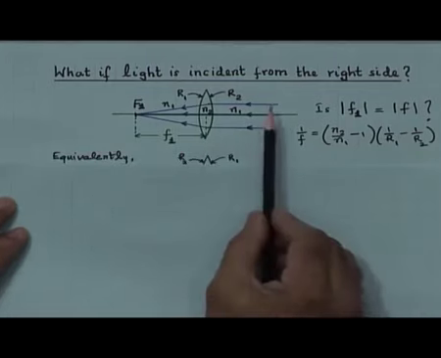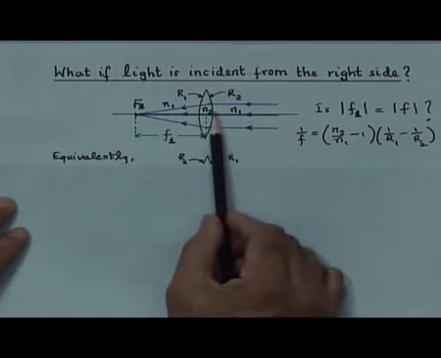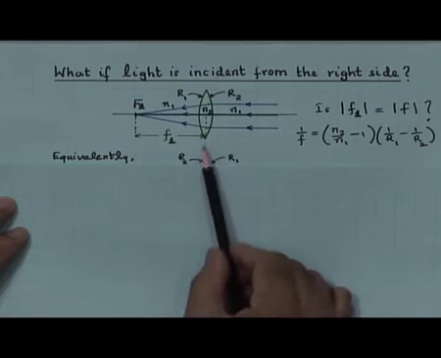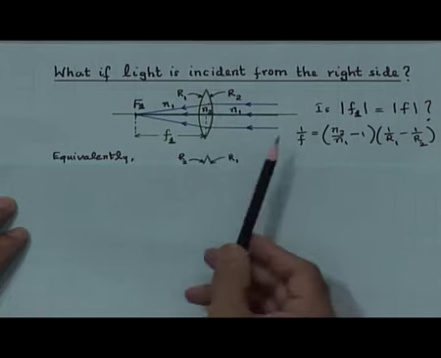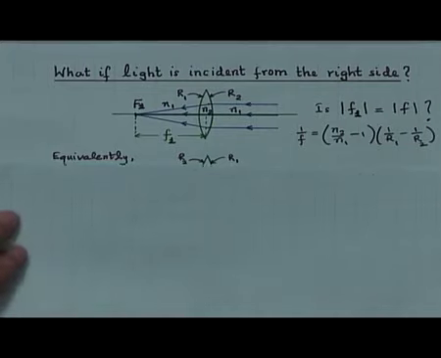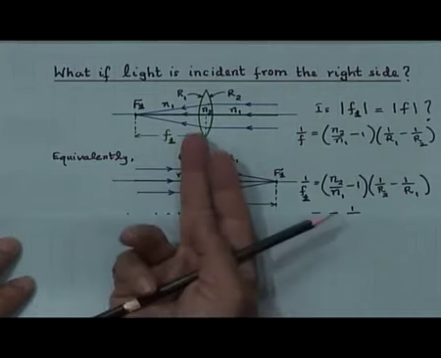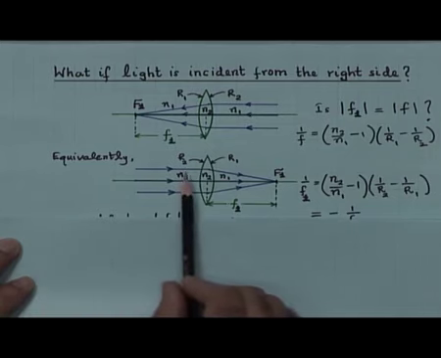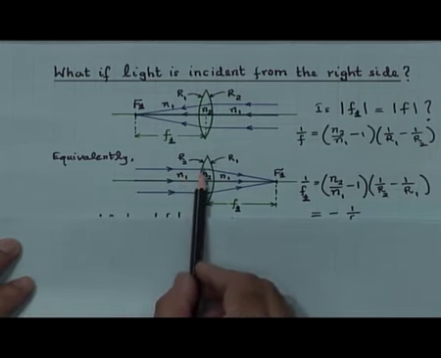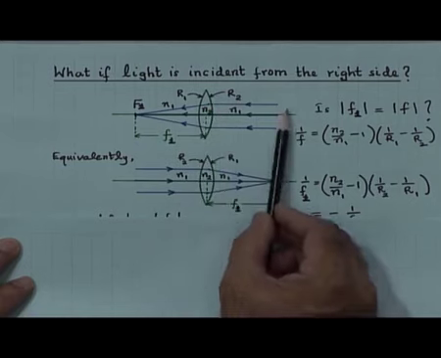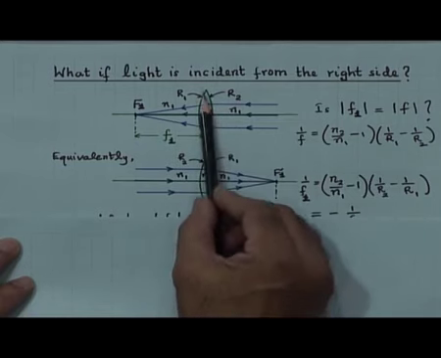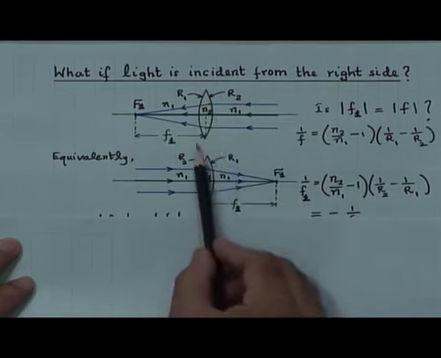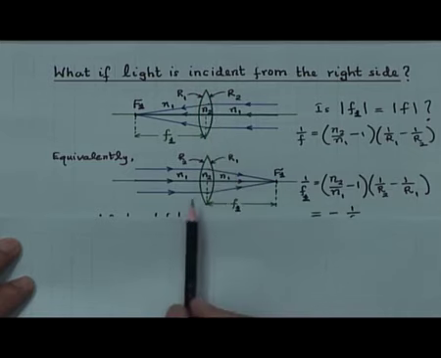Now, light is incident on the surface with the radius of curvature r2. Therefore, I can equivalently rotate this and put the lens like this, so that light is still incident on the left side, but now it is encountering r2 first. The light which was incident is encountering the surface here with radius of curvature r2. So, it is the same situation.